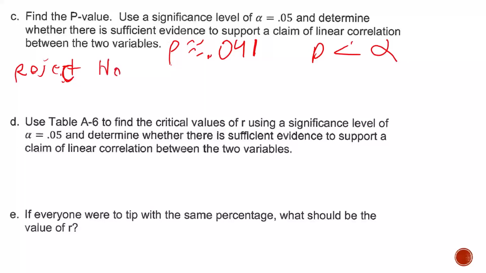Which means that there is or there is not a correlation? There is, because the null hypothesis is always no effect. So that means that there is a linear correlation, or the evidence supports that there's a linear correlation.